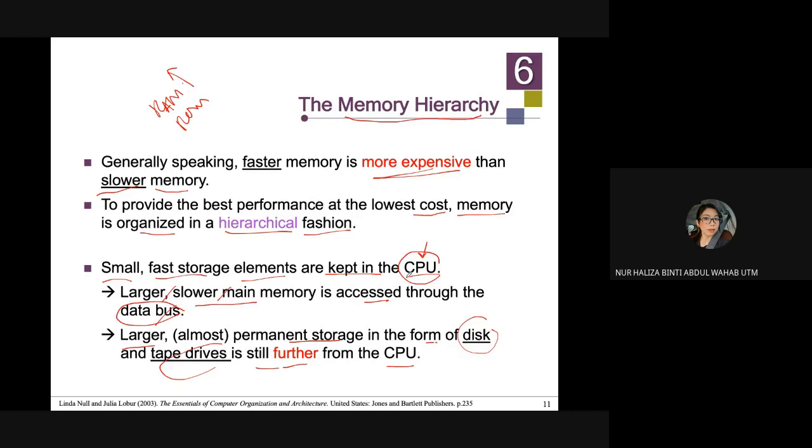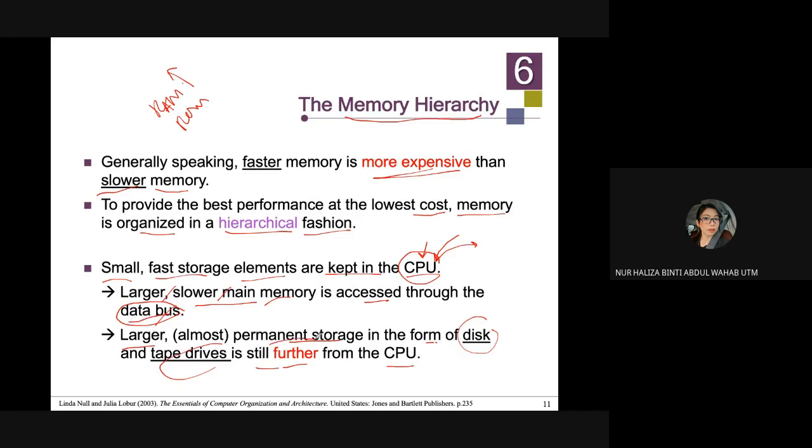It's going to be beyond your CPU, of course. But your CPU can always connect to it, communicate, and drag from the slower and larger memory through your data bus.